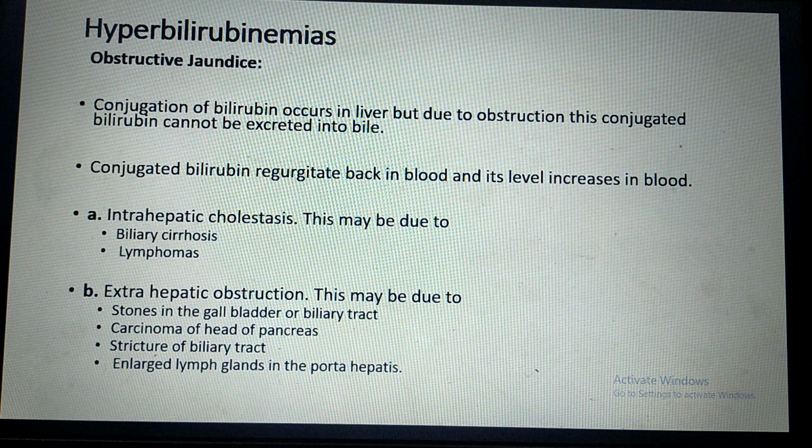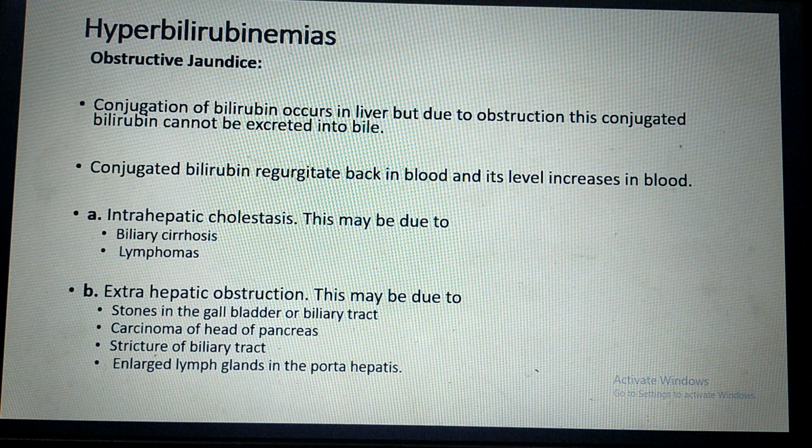There are two types of obstruction: intrahepatic obstruction and extrahepatic obstruction. Causes of intrahepatic obstruction are biliary cirrhosis and lymphomas. When there is inflammation of lymph nodes surrounding the liver, these lymph nodes press on the liver, leading to its compression and obstruction to the bile flow.